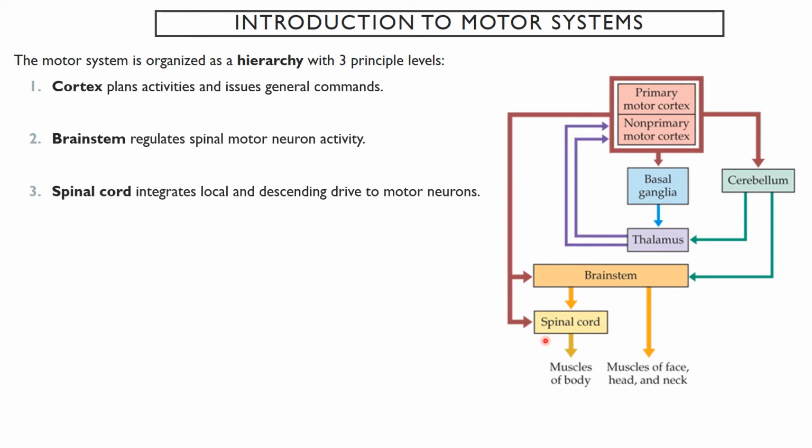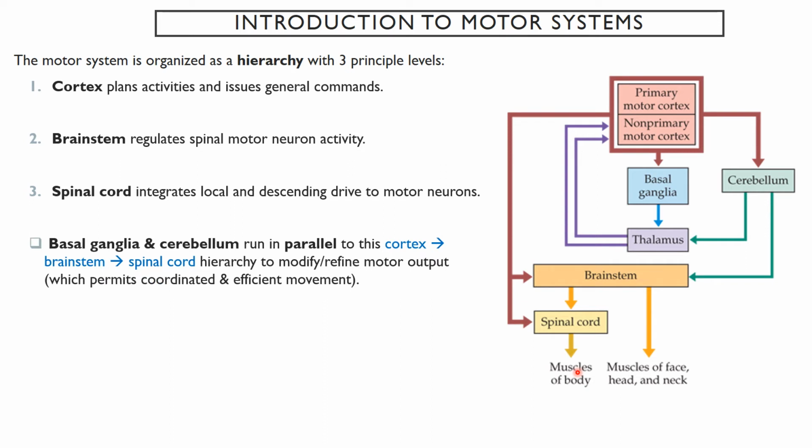And then we have the spinal cord, where there can be coordination of activity occurring just within the spinal cord, completely independent of the cortex. So the knee-jerk reflex, for instance, originates in the spinal cord. And obviously you can see that the motor cortex and the brainstem all have to talk to the spinal cord in order to initiate the muscles of the body to move and react.